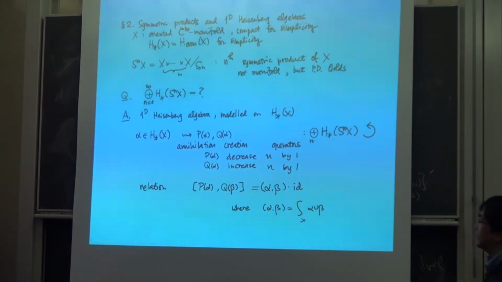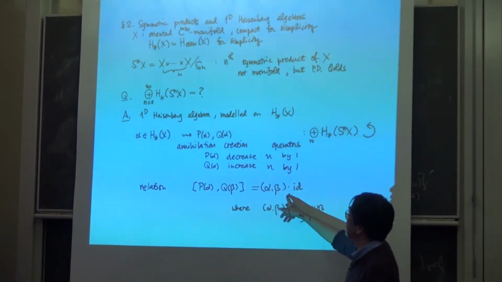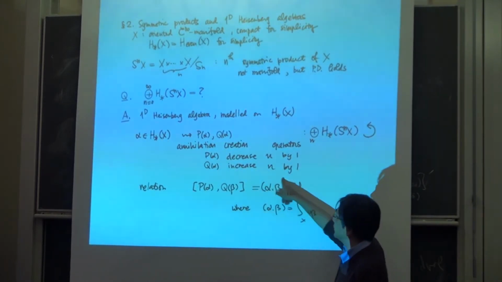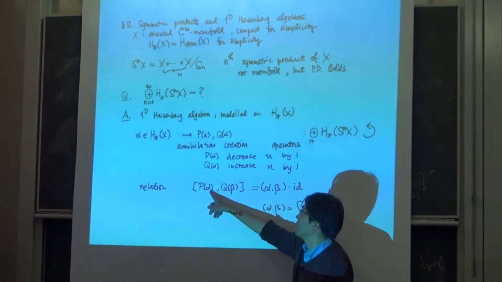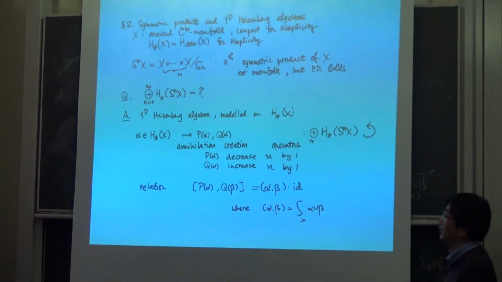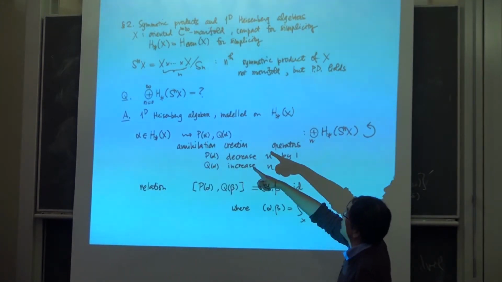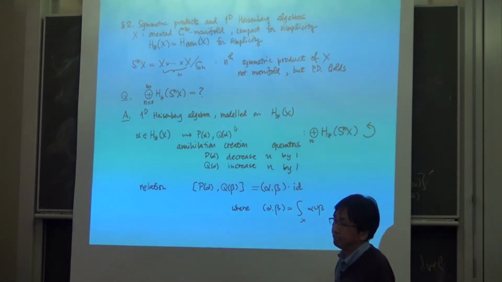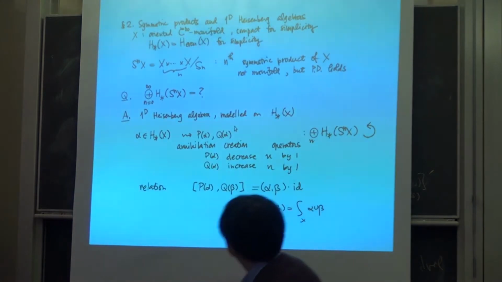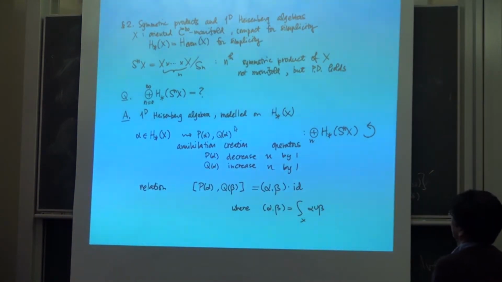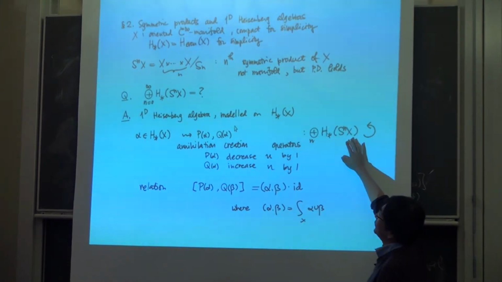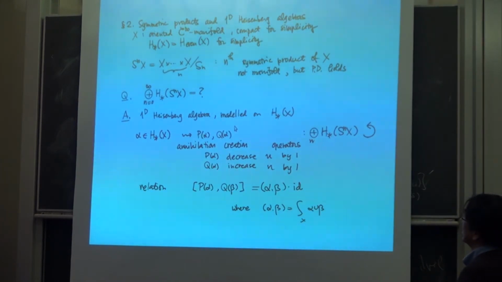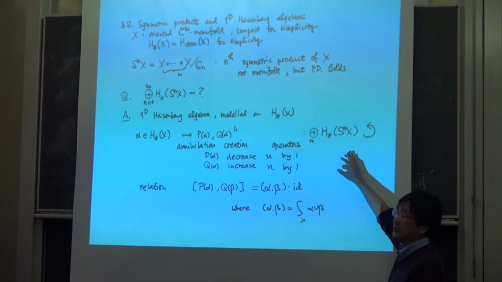The commutator is some multiple of the identity, and this coefficient is given by the intersection number of alpha and beta in X. This is the defining relation for the one-dimensional Heisenberg algebra modeled on the homology group of the base. It is also known that this space is a so-called irreducible representation. The Heisenberg algebra has only one irreducible representation, and this is that representation.